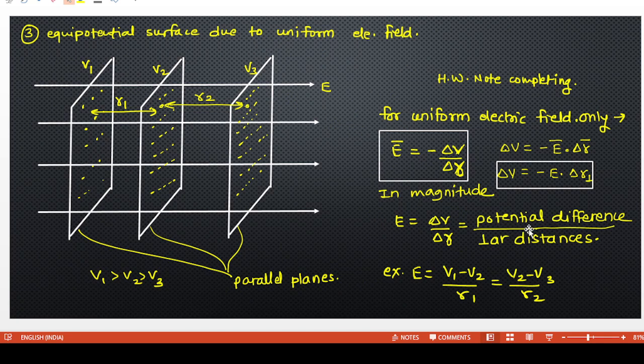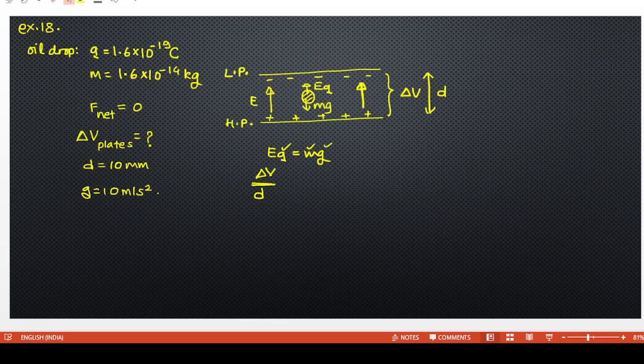Potential difference between the equipotential surfaces upon the perpendicular distance. This can be used if electric field is uniform. This is applicable only for uniform electric field. So we are talking about this relation. So this is the equipotential surface. At all points, let's say potential is V1.